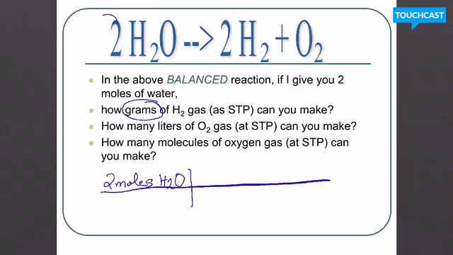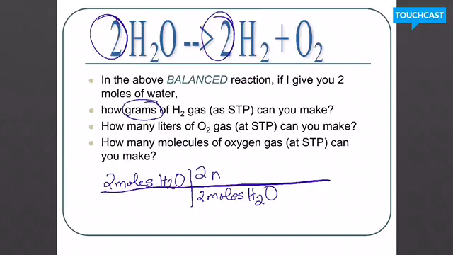There is a ratio going on here. For every 2 moles of water, I will make 2 moles of hydrogen gas. So watch how I use my stoichiometry. I am going to do a mole ratio right here. For every 2 moles of water, you see I'm cross-canceling my water with moles of water, I will be making 2 moles of hydrogen gas.